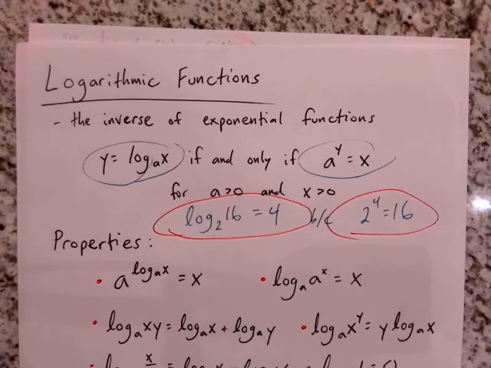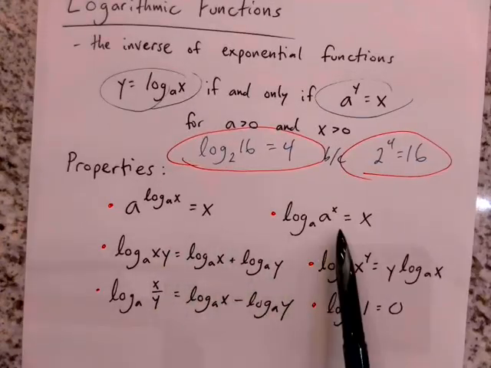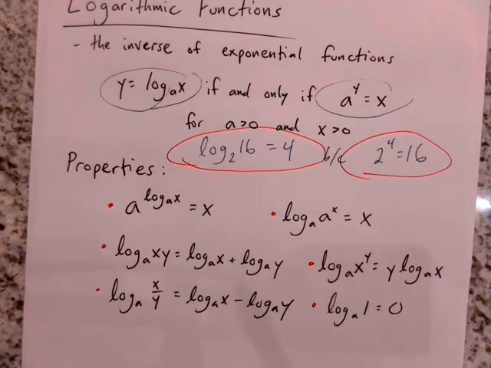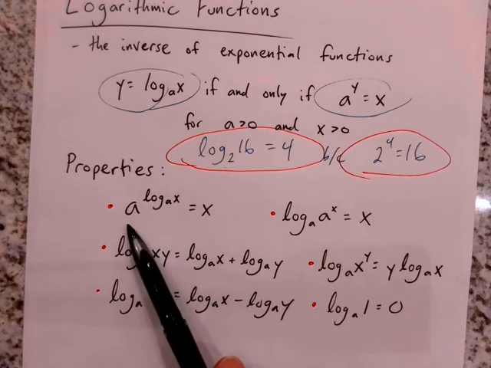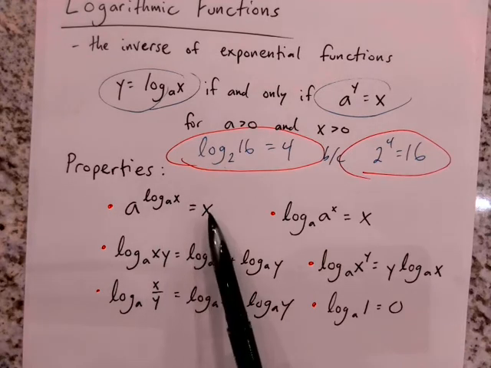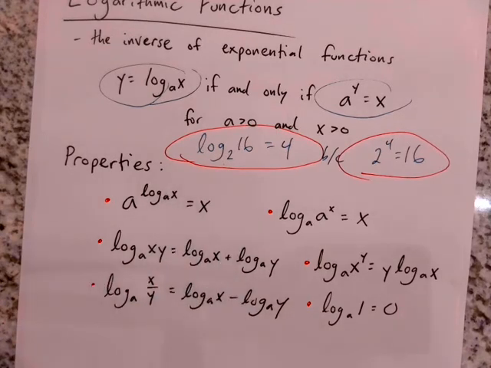Some properties. These first two properties are just really stating the inverse property of exponents and logarithms. So a raised to the log base a of x is just x, because the exponent and the logarithm are inverse functions, so they undo each other.